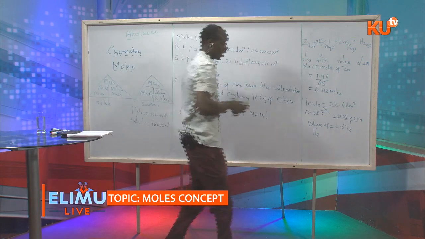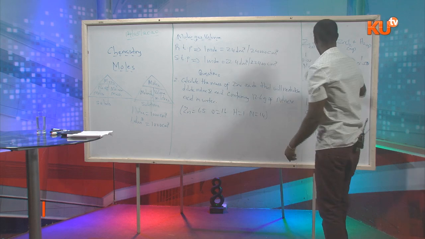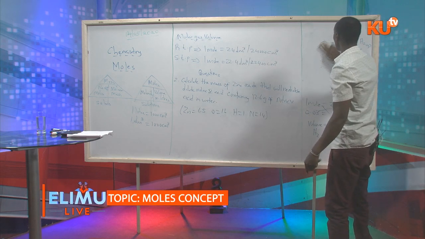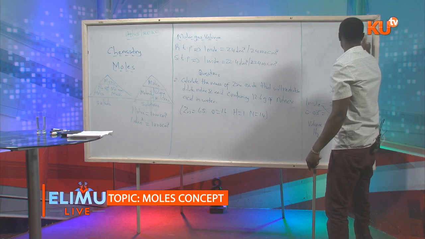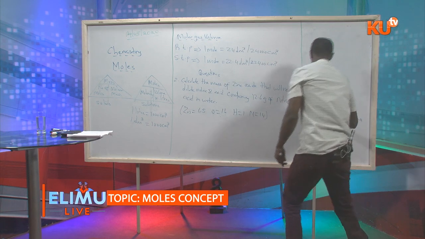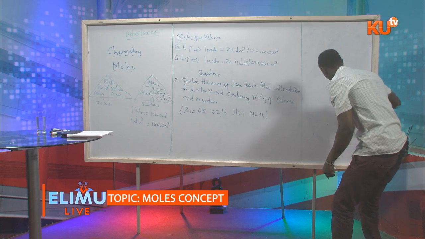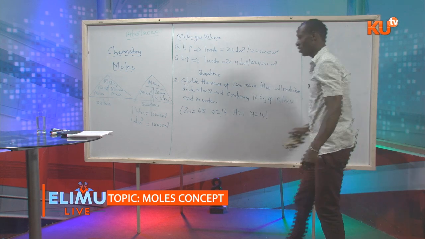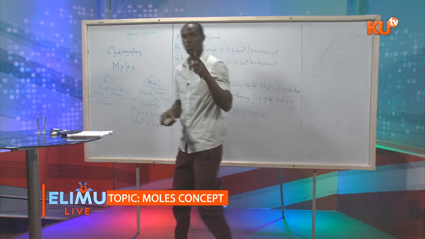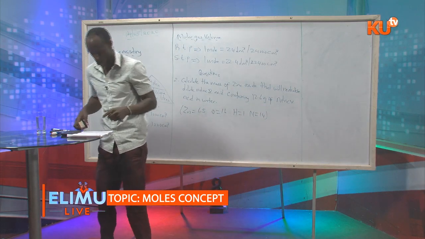So the first step, as I always say, is writing a balanced chemical equation so that you can know the ratio. The ratio helps you to know the number of moles for the other compounds whose moles you don't know. It's a neutralization reaction, and a neutralization reaction gives you salt and water as products.